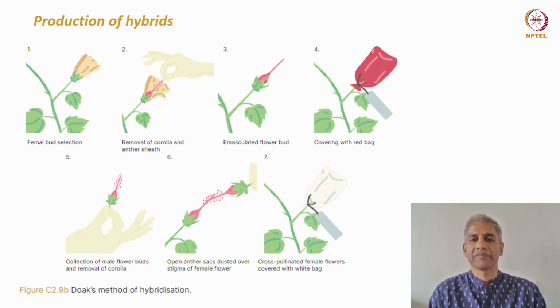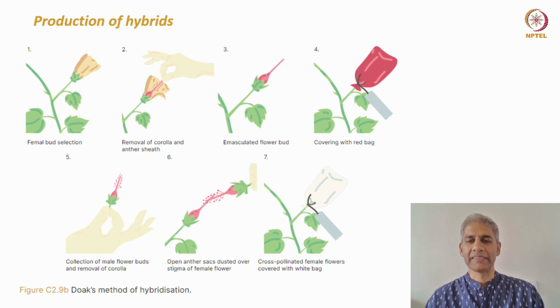And then after this fertilization has been done, you cover these pollinated flowers with a white bag just to signify that this operation has been done. And so you know which plants on your test plot have been fertilized in this manner. And this is how you produce a hybrid, very similar to what Mendel did in his original experiments.